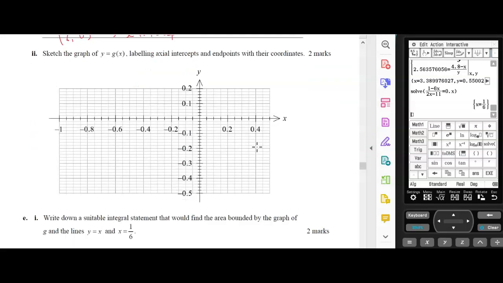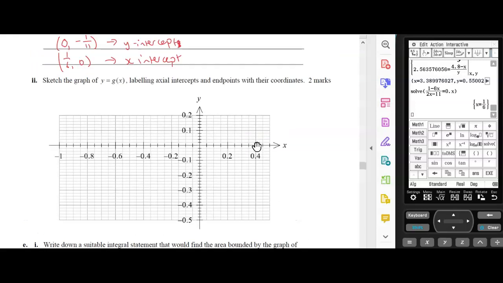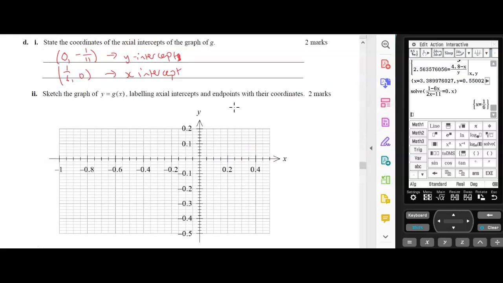All right, so sketch the graph of g(x), labeling axial intercepts and endpoints with their coordinates. Let's just quickly sketch the graph. So -1/11.